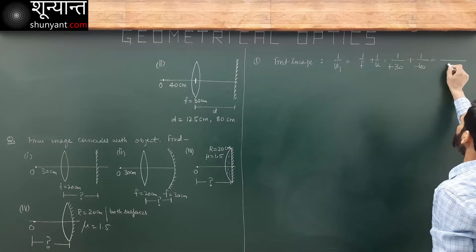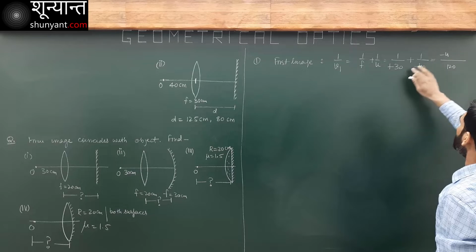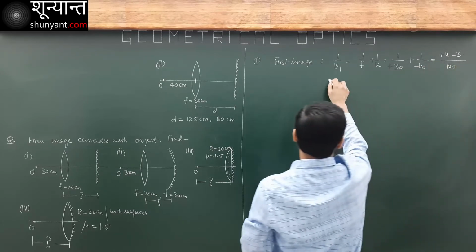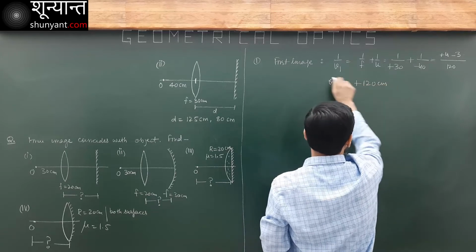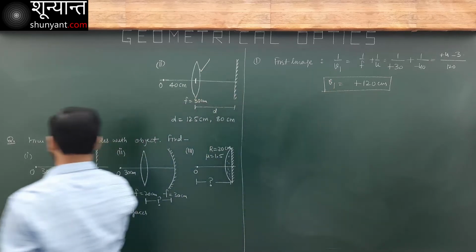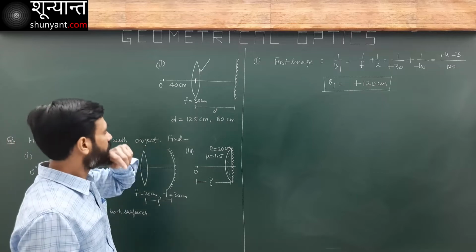This is going to be equal to 1 over 120, so minus 4 plus 4 minus 3. So V1 is going to be plus 120 centimeter. This is the first image by the first lens. Understood?